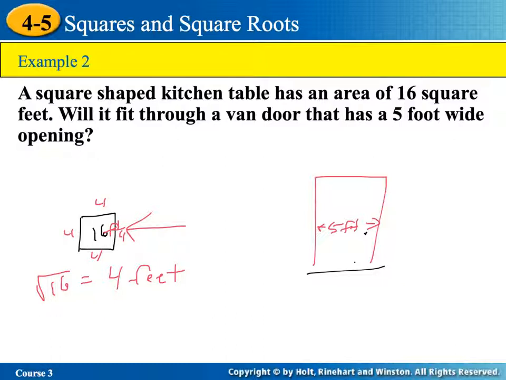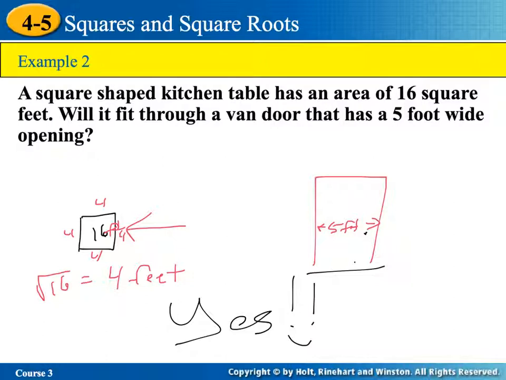Now, again, this only works for squares. Not rectangles, squares. So a square table has 4 feet of width. Now, does that fit through a 5-foot door? Yes, it does. Yes, indeedy. Will it fit through a 5-foot door?